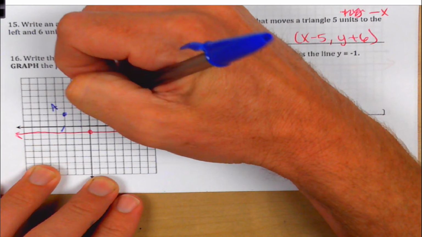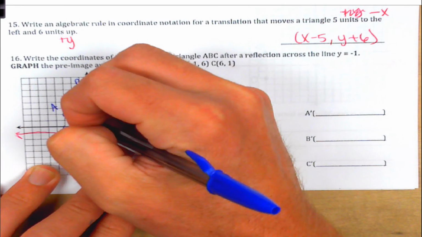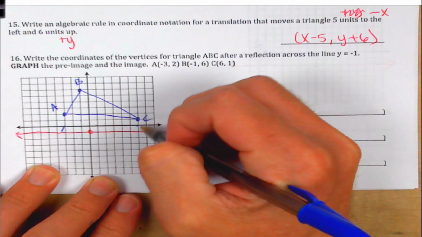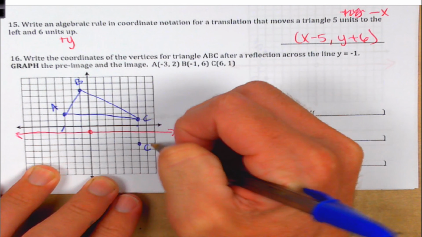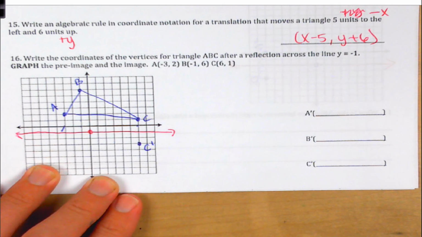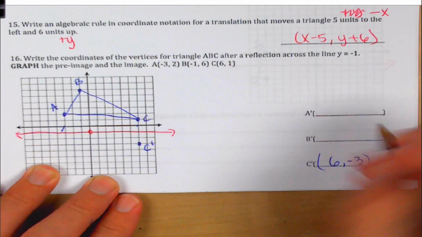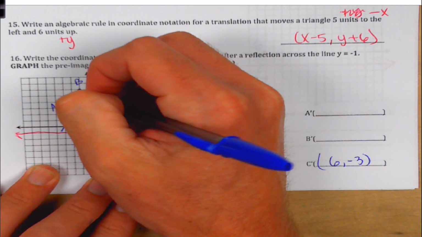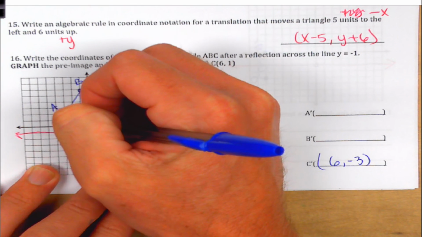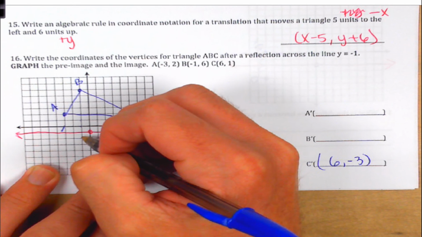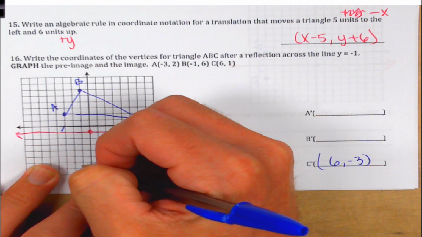So there's my triangle, and I'm reflecting it over that line, so I'm just going to count. My new point is here at C prime, and that is at 6, comma -3. And then B is 1, 2, 3, 4, 5, 6, 7 units away, so I'm going to go 1, 2, 3, 4, 5, 6, 7.